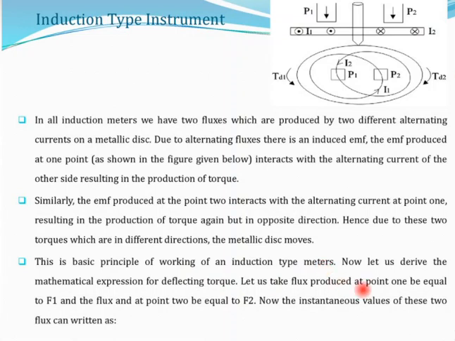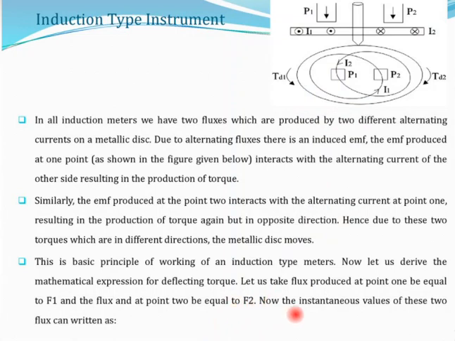Now let us derive the mathematical expression for deflecting torque. Let us take the flux produced at point 1 to be F1 and the flux at point 2 to be F2.